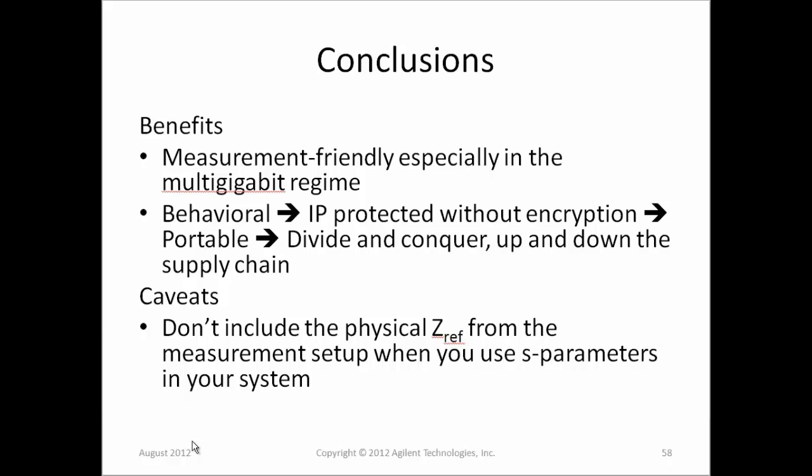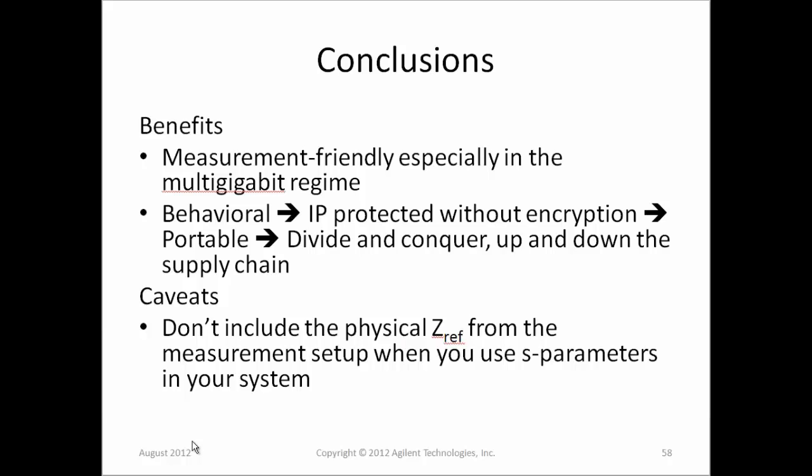The biggest caveat using S parameters, I found, is that because there's an algebraic reference impedance involved with S parameters, people somehow want to include that Z reference as a physical component in the system. That's a big mistake. The physical value of ZRef is used in the measurement setup, such as the characteristic impedance of the cables or the source and load impedance of the voltage measurements on the VNA.